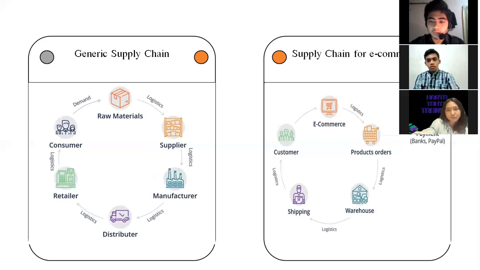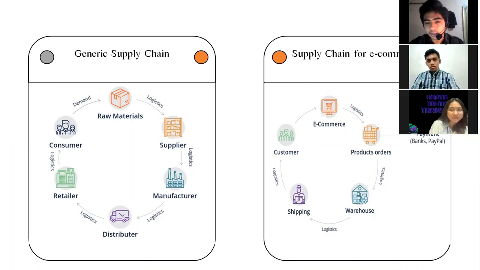And now, in the modern world, there's a supply chain for e-commerce. For instance, e-commerce is an online shop. It's almost the same, but the difference is the payment is online. So the customer on the e-commerce page will order the product.